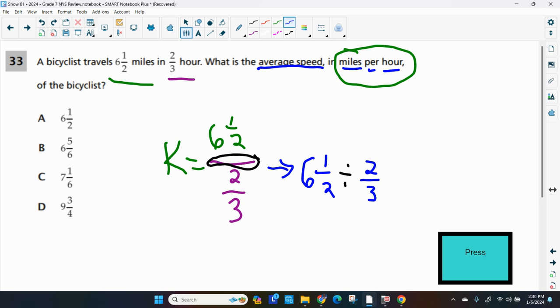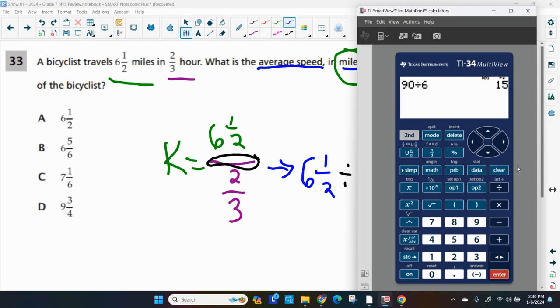So look at these answers. They look scary, but don't you get scared. Why, Dr. Rob? Because you have a calculator. So get your calculator, type 6.5. So make sure you know how to use your ABC button.